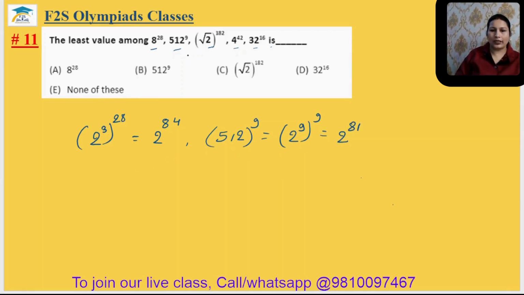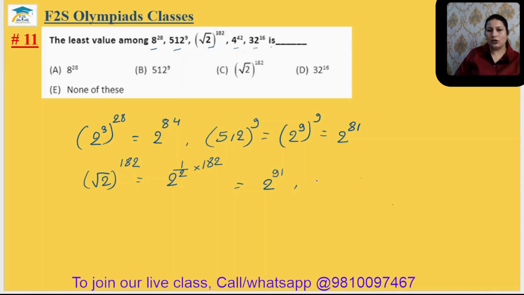Okay. Now the next one is root 2 to the power 182. Root 2 can be written as 2 to the power 1 by 2, multiplied by 182, so it is 2 to the power 91.